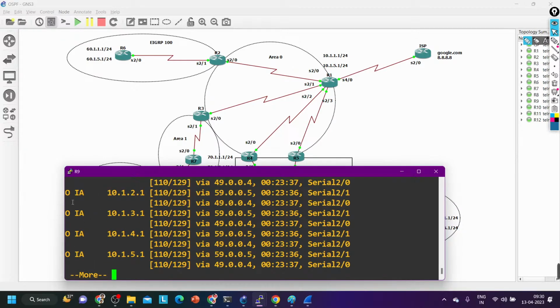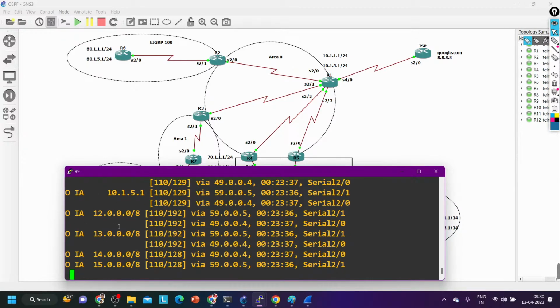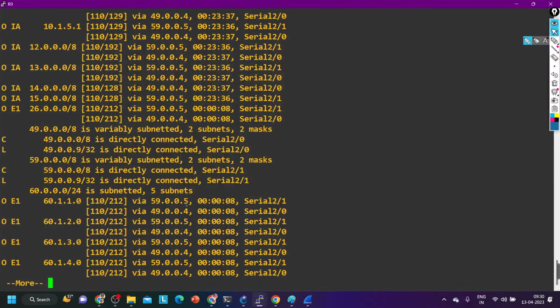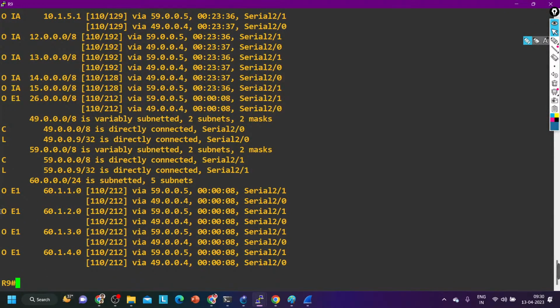So, show IP route. Are you able to see? Now you can see the metric is what? 212. So is it clear to everyone how the router is calculating the metric? Yes, because see, on router number 9, I am getting the 60 prefix from which router?